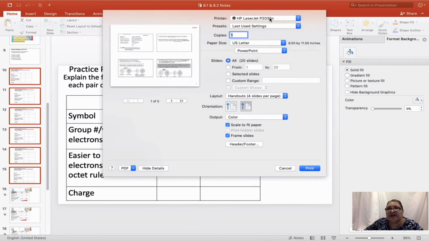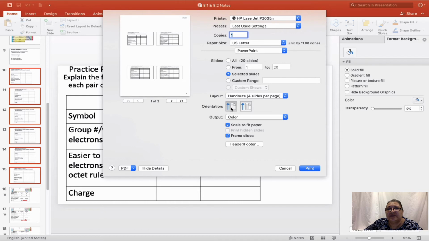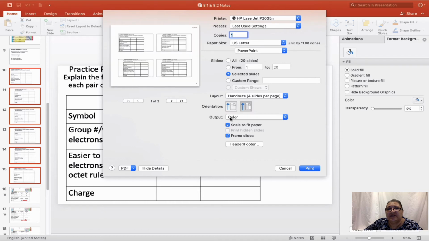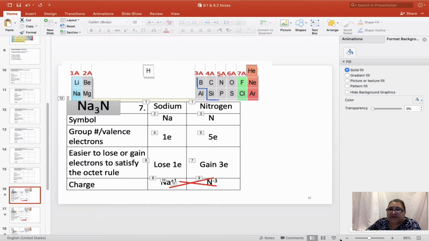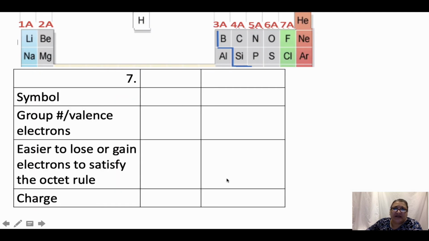But when you print, select your printer and then print selected slides and make sure it's not this one. It's this arrangement right here. Now you can do 6, but that's too small. So this one will be 2 pages. All right. And then we're ready to do our assignments or practice.